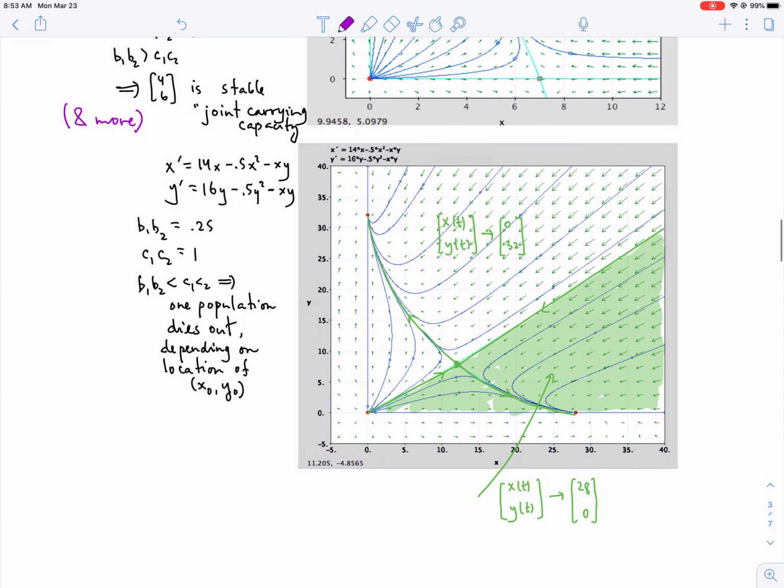In this example, where the logistic coefficients are smaller, the B1, B2 is 0.25 compared to the C1, C2, which is 1.